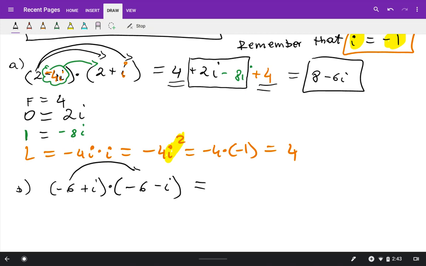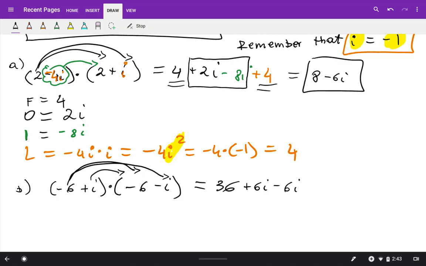So first, I have negative 6 times negative 6. That will give you positive 36. Outside, O stands for outside, so you have negative 6 times negative i, that will give you 6i. I stands for inside, so I multiply i by negative 6, so that will give me negative 6i.